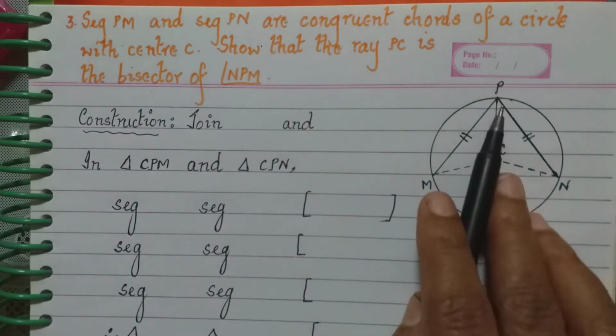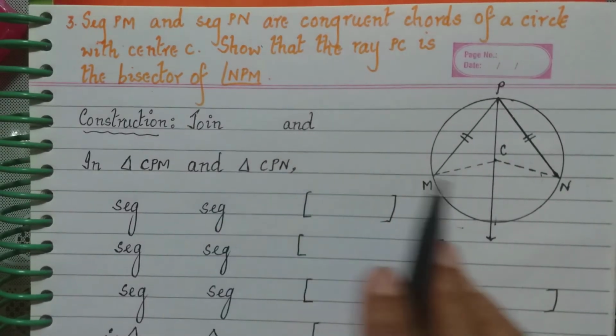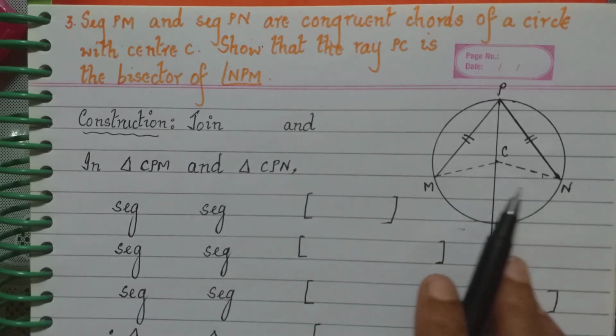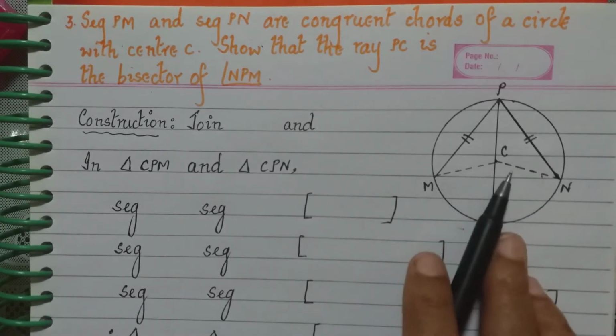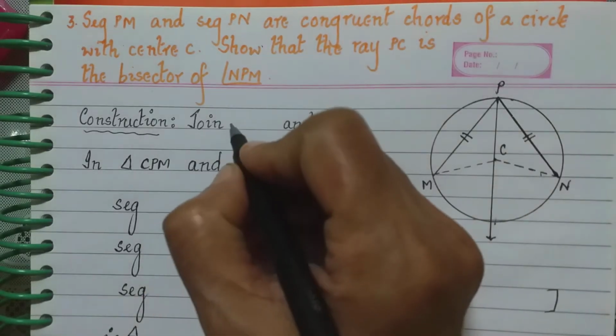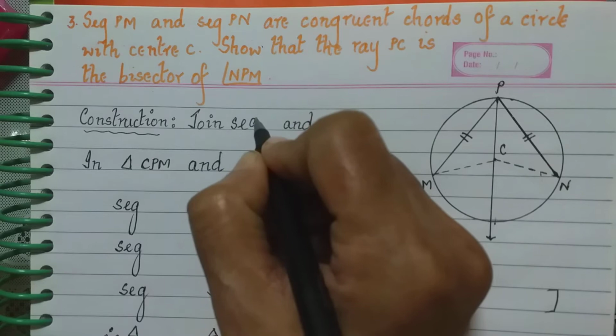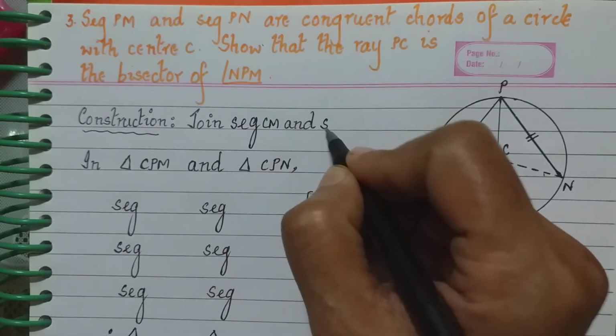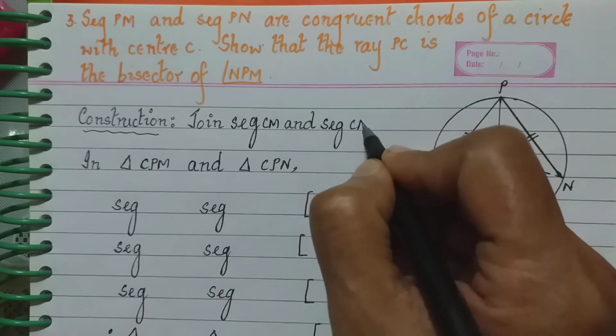Now they have given only this much. We have a small construction, which is done in dotted line. What is that? Join segment CM and segment CN. So I write: join segment CM and segment CN.